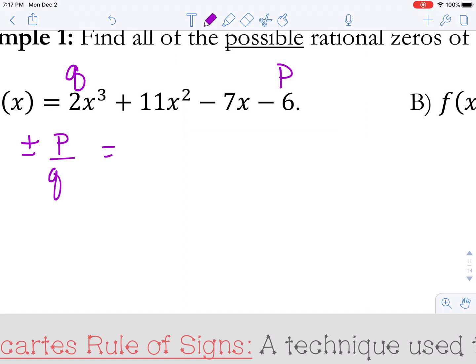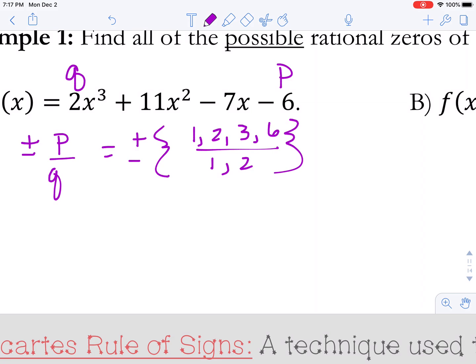And so when I do this, I'm going to do the plus or minus outside. You can absolutely do that. So factors of 6, this goes in our numerator. So we would have 1, 2, 3, and 6. Factors of 2 would be 1 and 2. Okay, so on top, we could have factors 1 through 6.